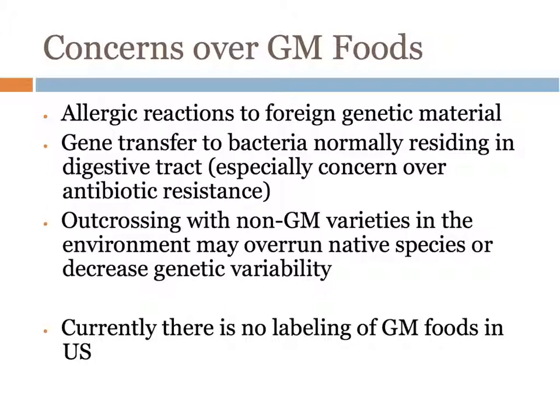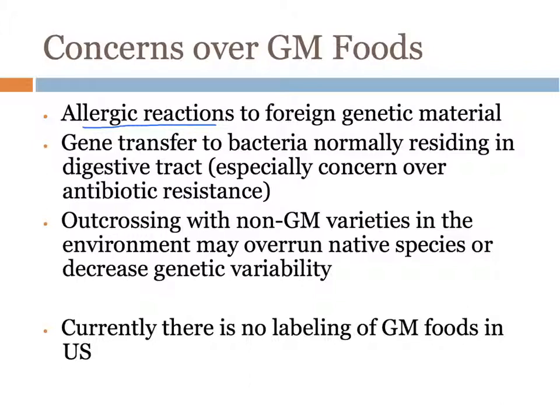In other parts of the world, people are able to get policies enacted that allow them to make wise, knowledgeable decisions about food because things are labeled or more carefully controlled than in the United States. So in other parts of the world, these are the big concerns that there has been action taken. Because you're putting DNA from one organism into another, there is a concern about allergic reactions potentially developing.